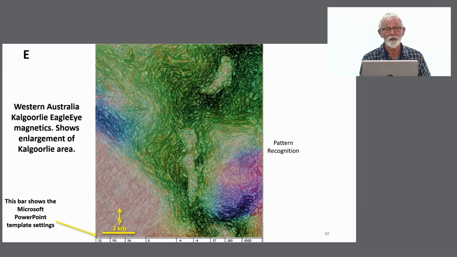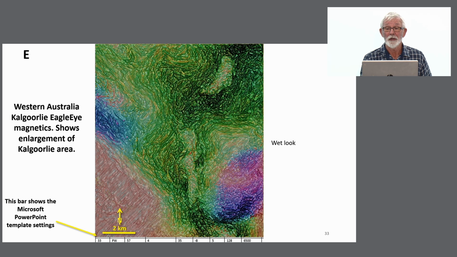Our aim is to pull out structures, linear structures, circular structures, any structures. So using pattern recognition, plus those 5 other buttons to highlight the structures. Now we've put the wet look on to increase the differentiation between the higher magnetics and the lower magnetics.